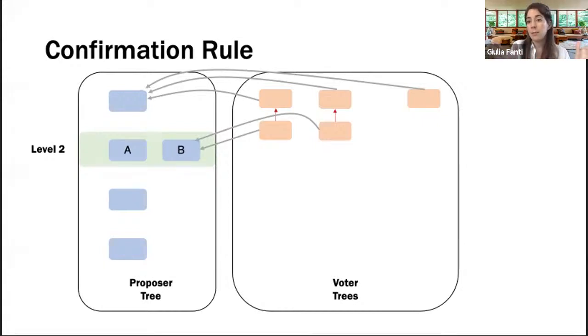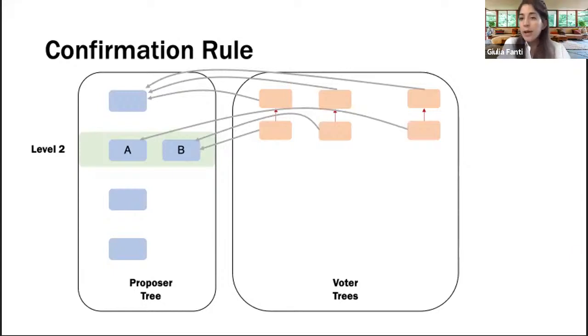Otherwise, it could end up that you keep adding more and more blocks at a given level. So we need to choose one and be able to finalize that and move on with our lives. So basically the kind of rule that we're looking for here is some condition after which we can conclusively say that we're going to choose either block B or block A.